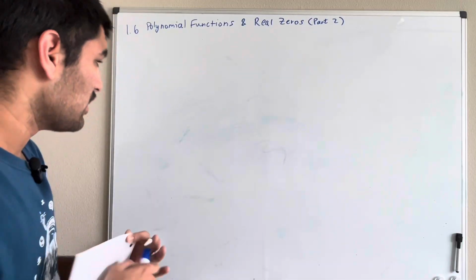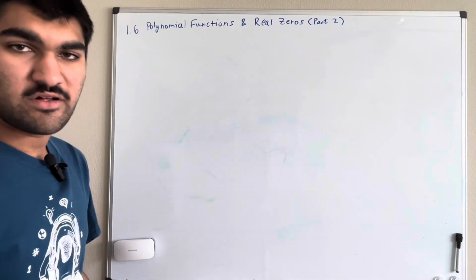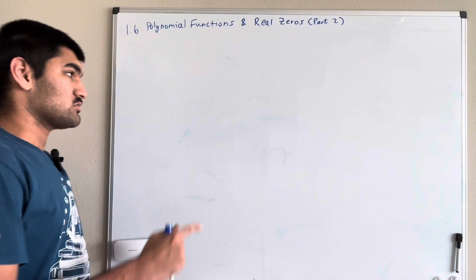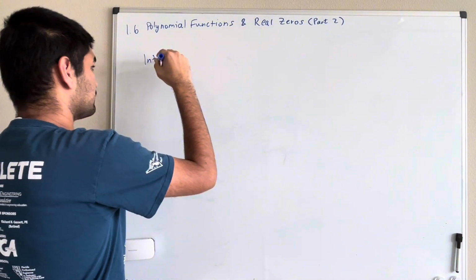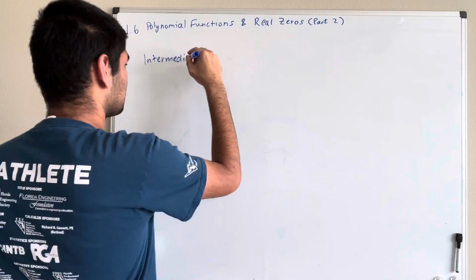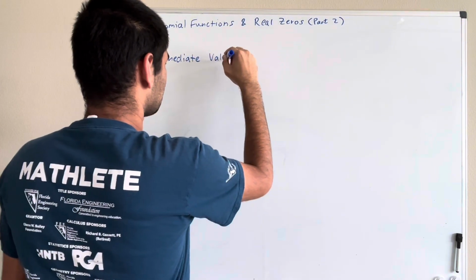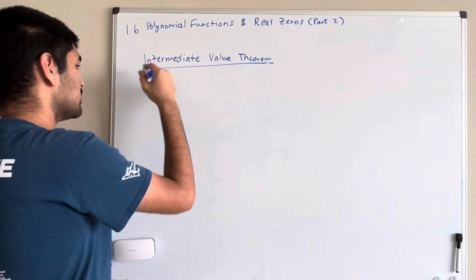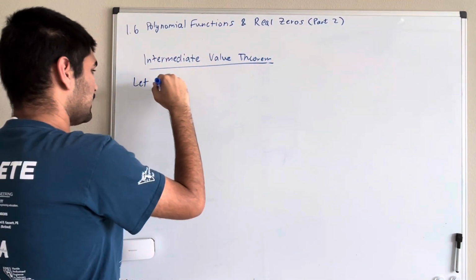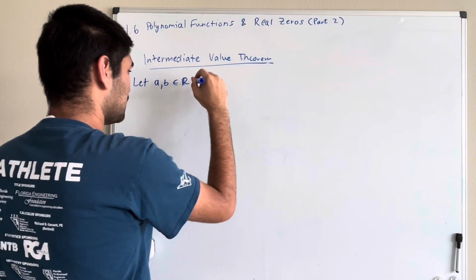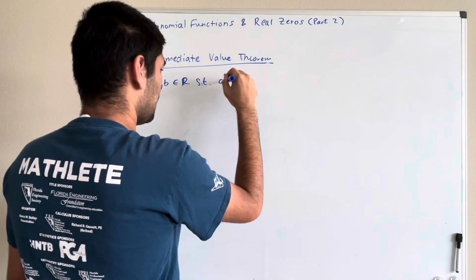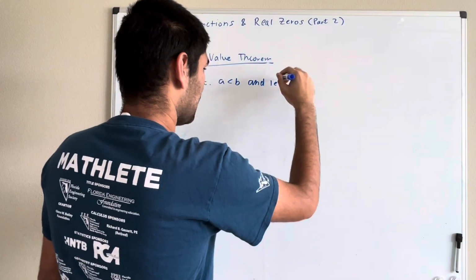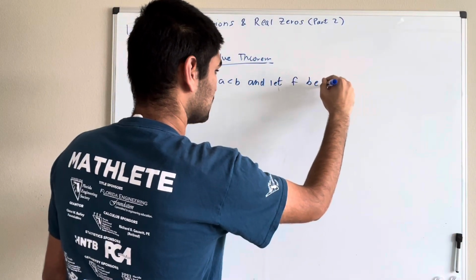To begin with, let's discuss the intermediate value theorem, as that will prove useful in finding irrational zeros. Essentially what it says is: let a and b be real numbers such that a is less than b, and let f be a polynomial function.